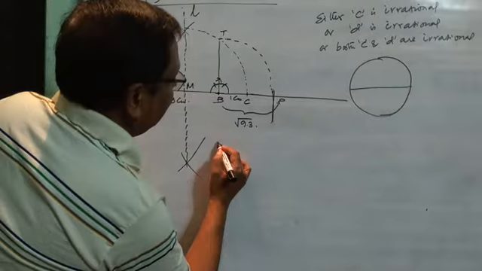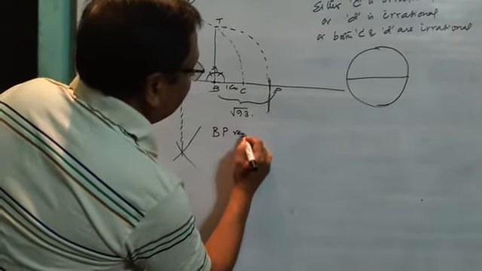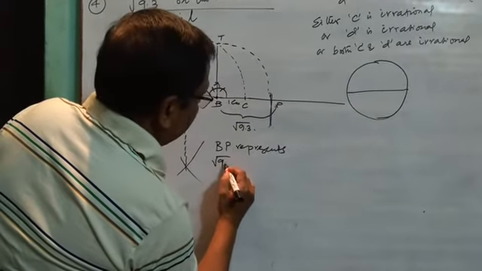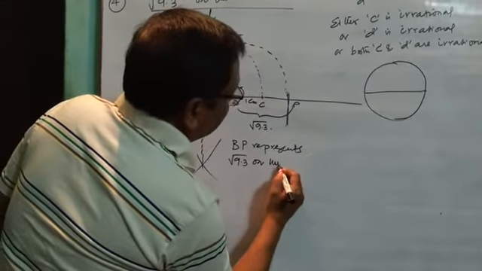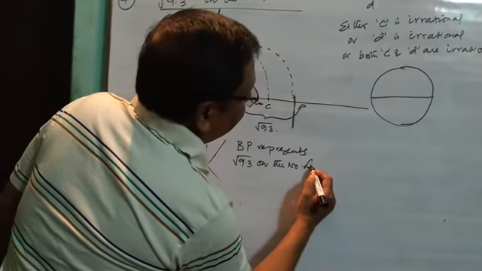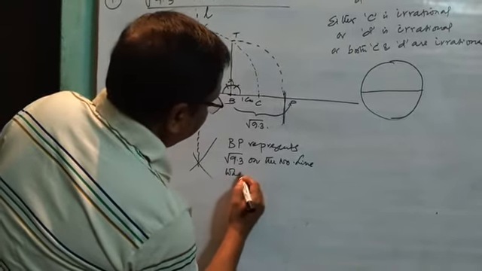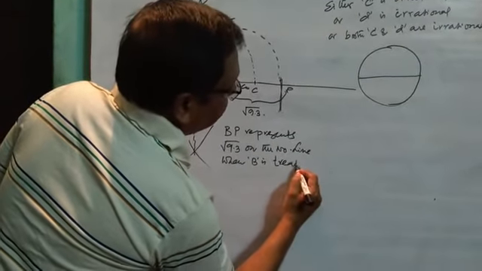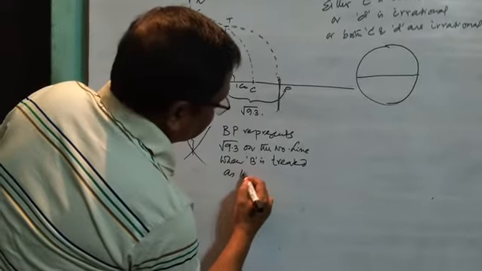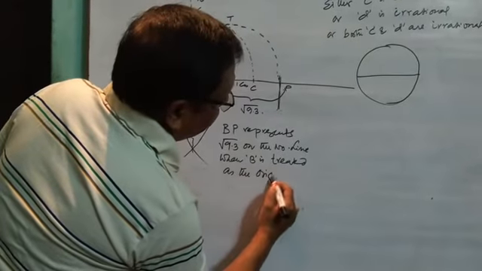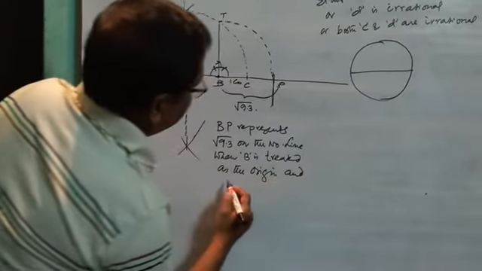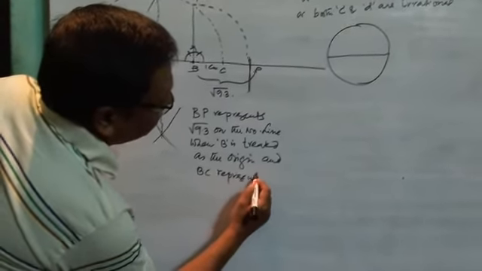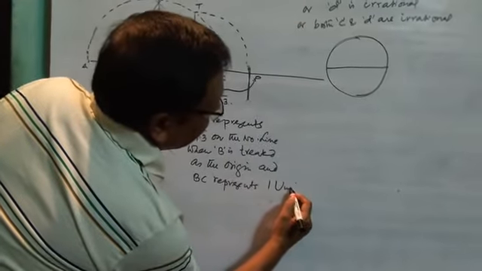I am writing, you see, BP represents under root 9.3 on the number line when B is treated as the origin and BC represents 1 unit.